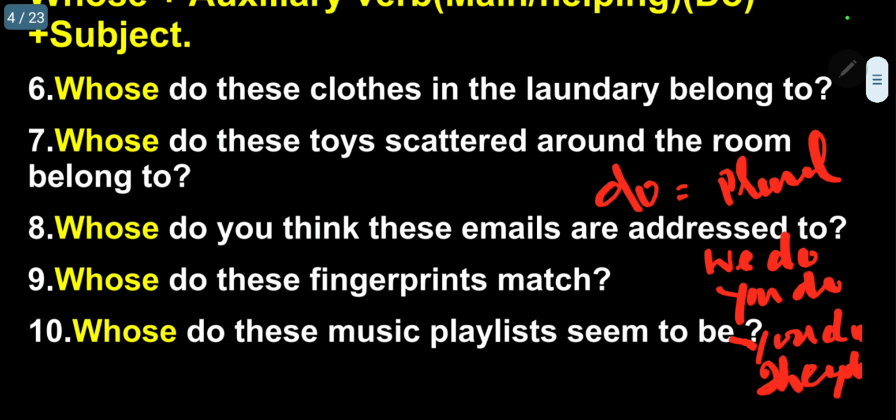But with he, she, it, we do not use do, we use does. In the same way, with plural nouns, for example apples, mangoes, we use do. The same rule applies when you raise a question.